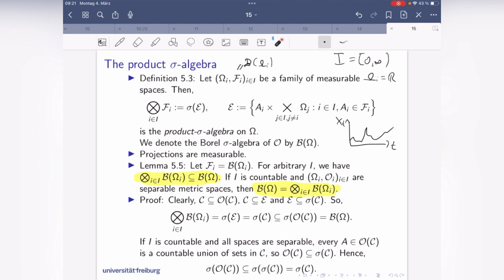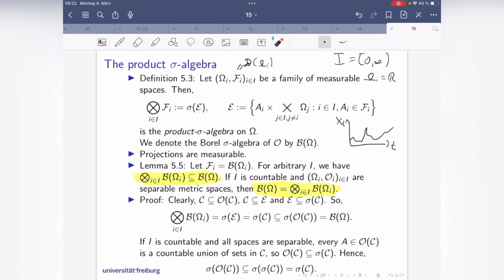But of course, if I is countable, then it doesn't matter if you only allow for countably many differences from the whole space or uncountably many, because there are no more than countably many, and then it could be that these two are the same. So that's just for the imagination.